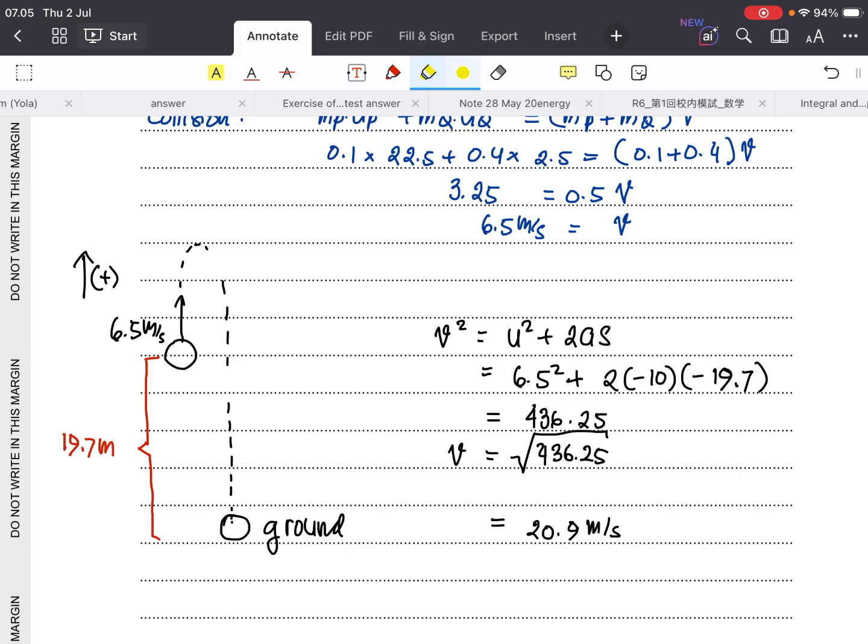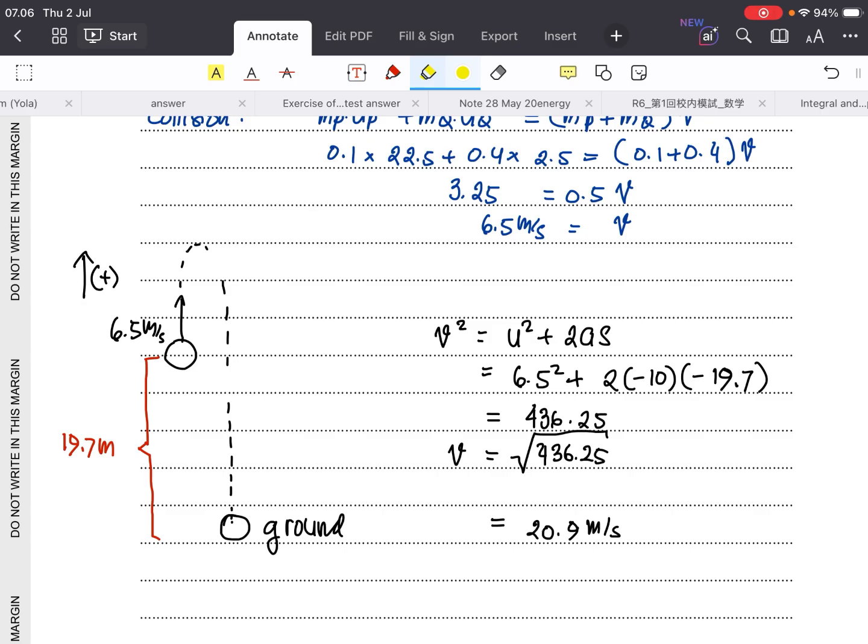And at this instant, the particle is at 19.7 meters above the ground. This is the answer in part A. It continues moving up, and then after reaching the maximum height, the particle moves down until it hits the ground.